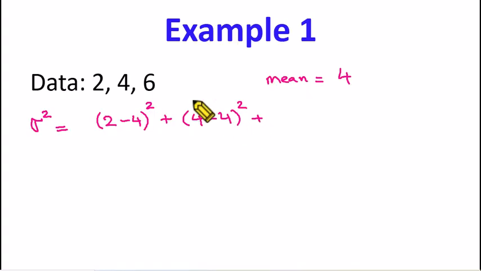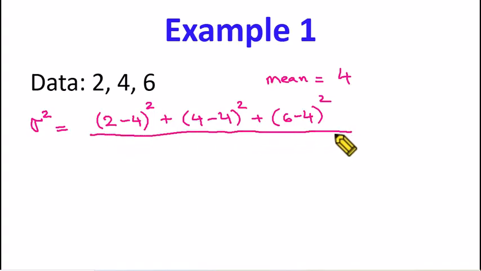And then finally, 6 minus 4 squared. So that's the sum of the squares of those differences between each number and the mean. And then we're going to divide that sum by the number of elements in this data set. There are 3 numbers in this set of data, so the denominator is 3.